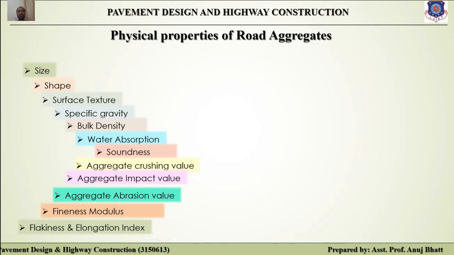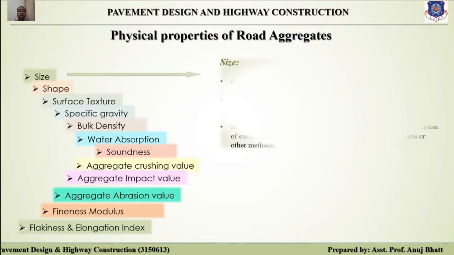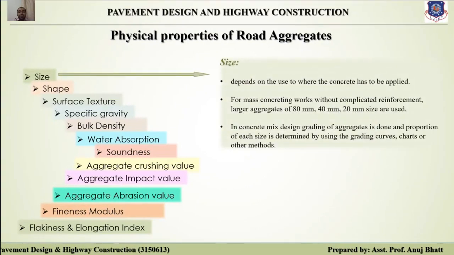The first is size. The size of coarse aggregate depends on the use, that is, where the concrete has to be applied. For mass concreting work, without complicated reinforcement, larger aggregates of 80 mm, 40 mm and 20 mm size are generally used.